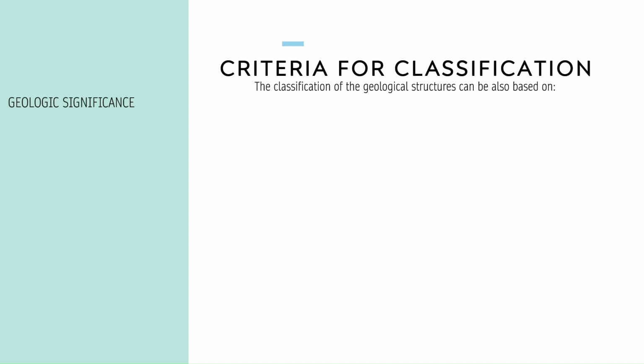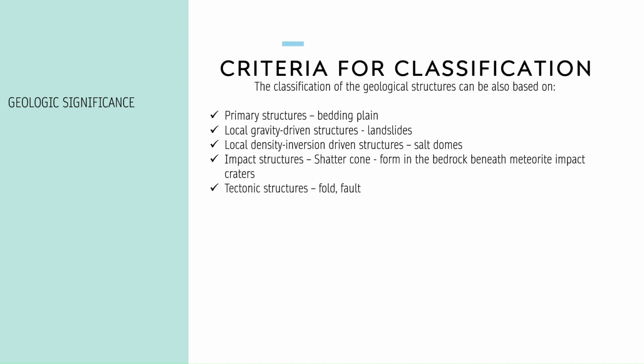The first one is geological significance. Some structures have geological significance. The first is the primary structure, the bedding plane. What is the relation between the bedding plane and geological significance?